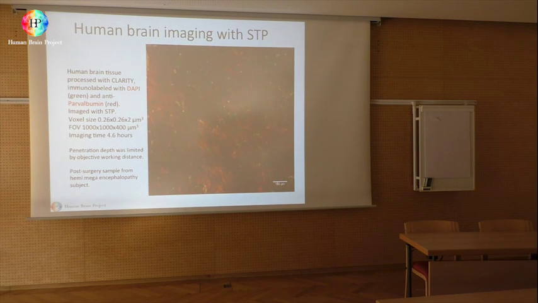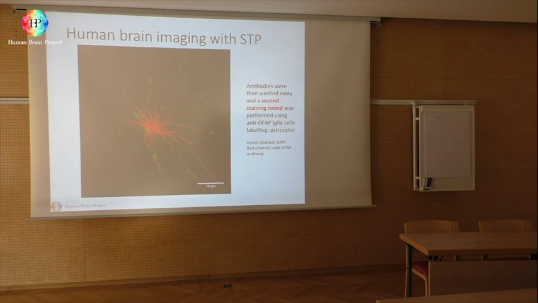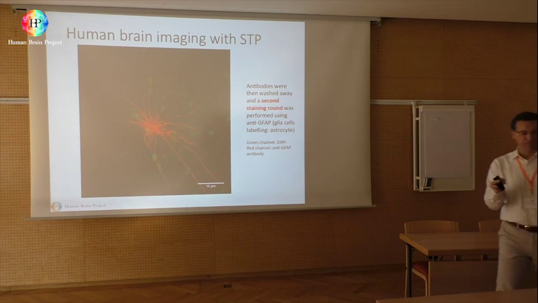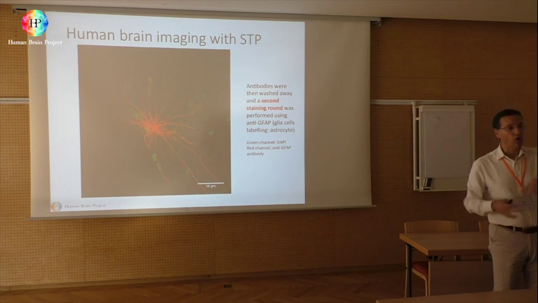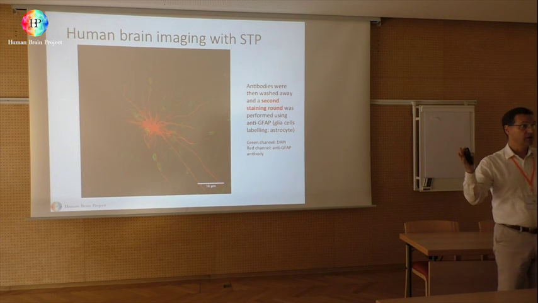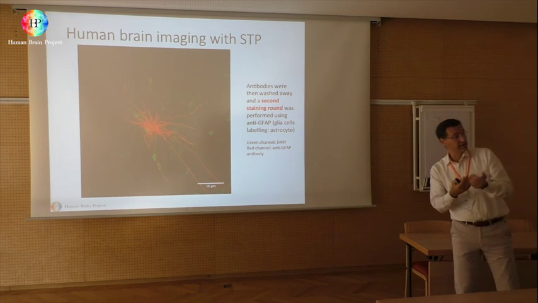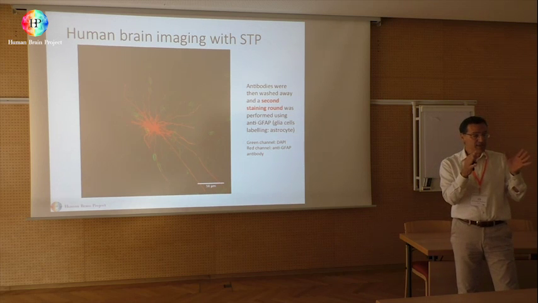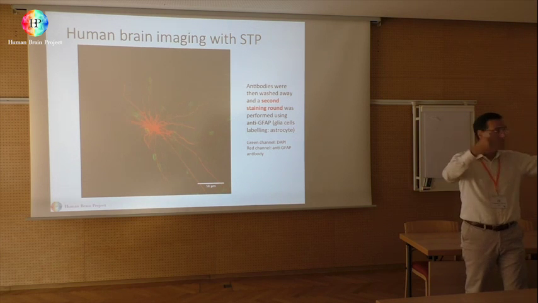But the nice thing here is that you can make a multi-round labeling. So you decide to make of that piece of brain a map of all the nuclei and a map of all the processes. Then you remove that antibody and you label the same piece with other antibodies many times.